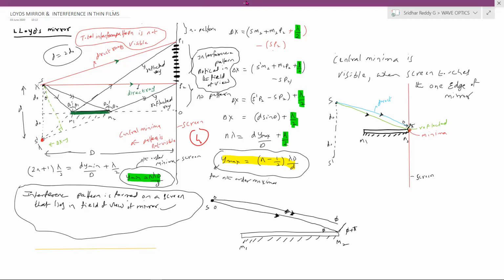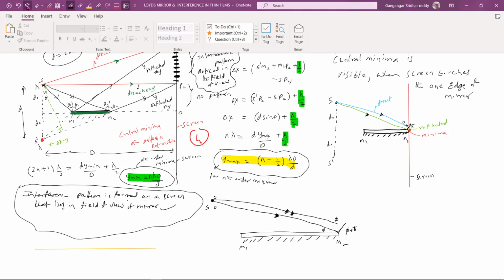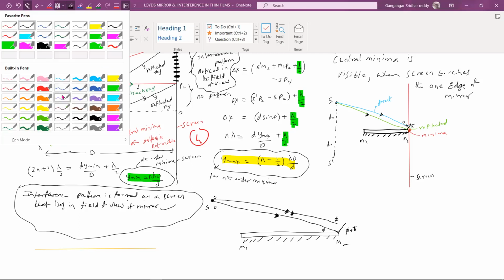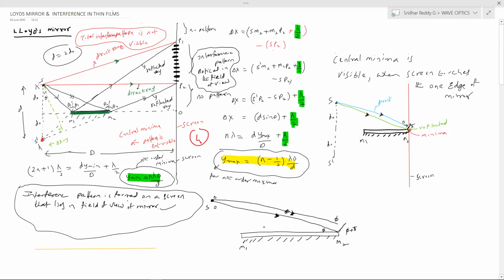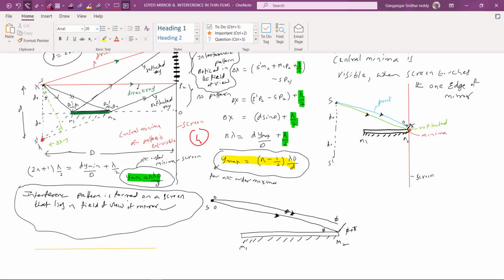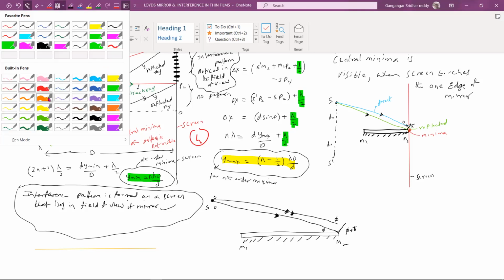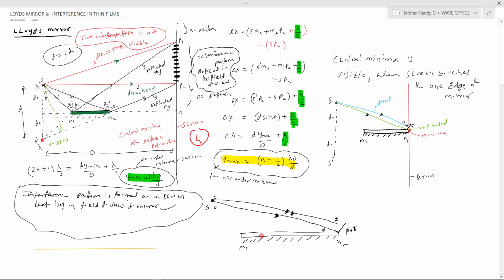Okay, let me bring the bigger dot pointer. Now look at this particular ray. There's a ray 1. It goes and will strike the point M2 of the mirror. And we know when a ray is reflected by a denser medium, it will undergo a phase change of pi radian.